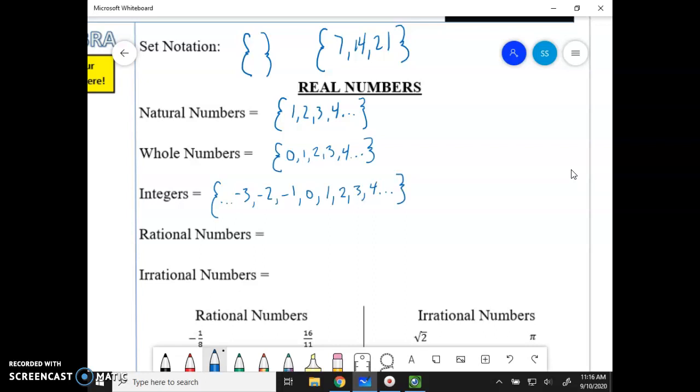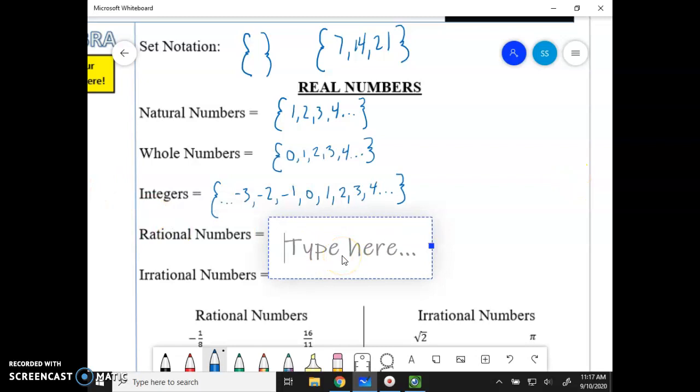Some students get a little confused with integers and think that they're only negative, but they're negative and positive whole numbers. Okay? All right, and then rational numbers. So a good way to think about rational numbers, or one way, is they can be expressed as fractions. So I'm actually going to type this out here because I got really bad handwriting.